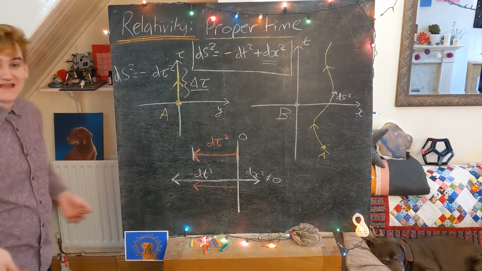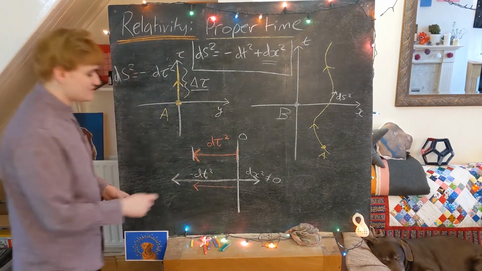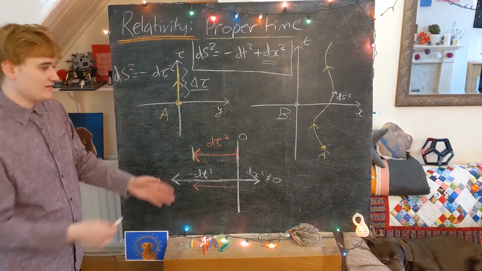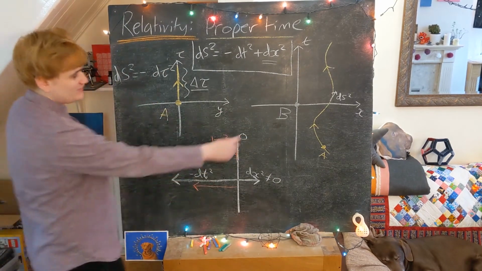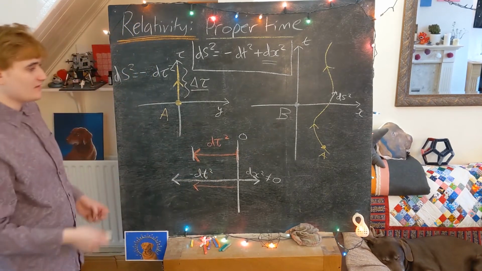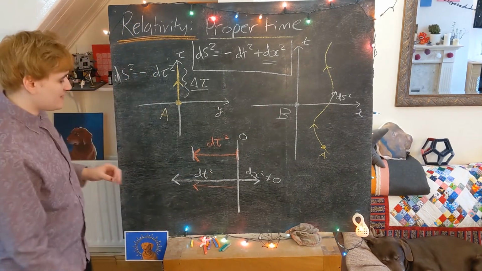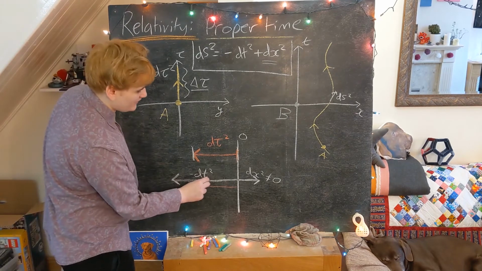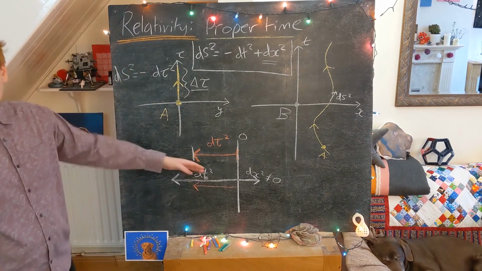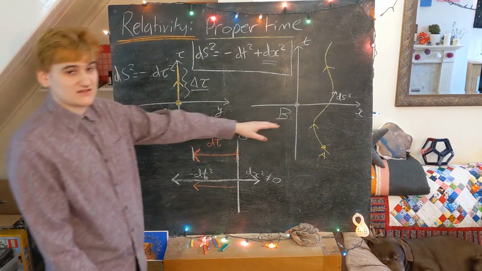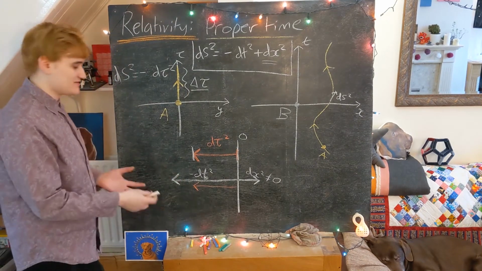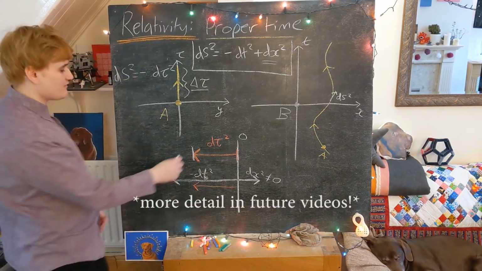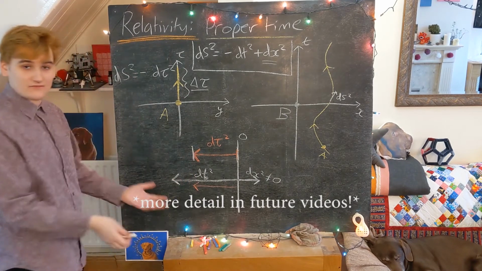So now, to state the physical effect, we need to realise that this dt is the time that this B particle is measuring. So this B particle is essentially saying, okay, I see you moving through my frame, you must have elapsed this much time, but they're then going to realise, well, that time is a longer time than the particle itself measured.